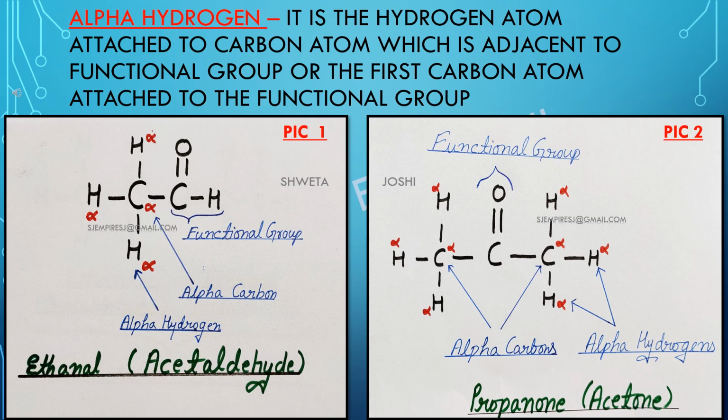The carbon atom attached to it is known as alpha carbon, and the hydrogen atoms attached to it are called alpha hydrogens. In the second picture, which is an example of ketone, there are 2 alpha carbons and 6 alpha hydrogen atoms.